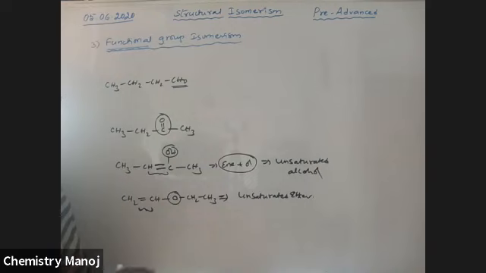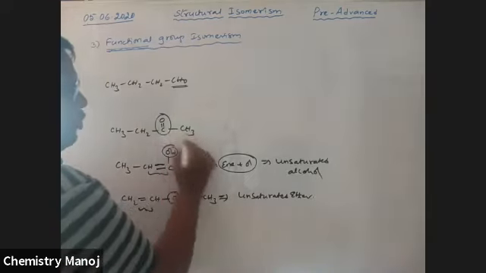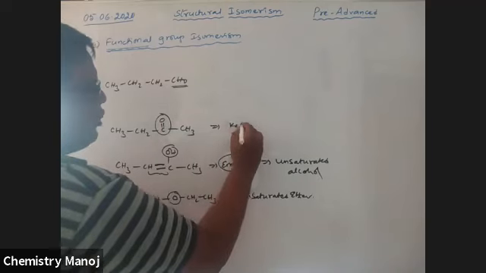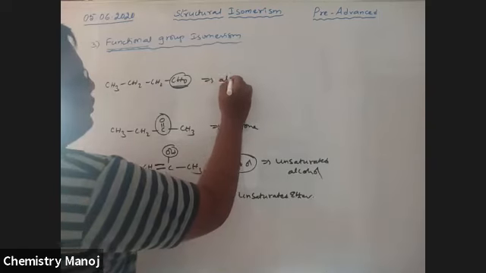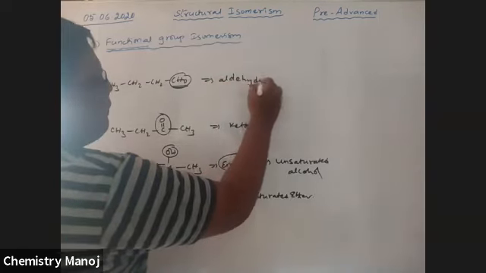Unsaturated means a double bond or triple bond between carbon and carbon, not with others. So this is unsaturated, this is unsaturated. Next, here a ketone group is there. That's why it is taken as a ketone functional group.